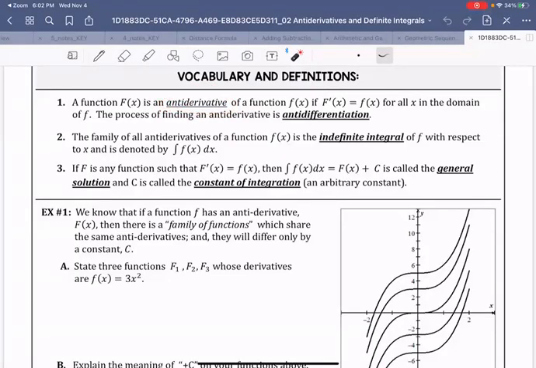It's called antiderivative. The antiderivative and the derivative are opposite operations, okay?